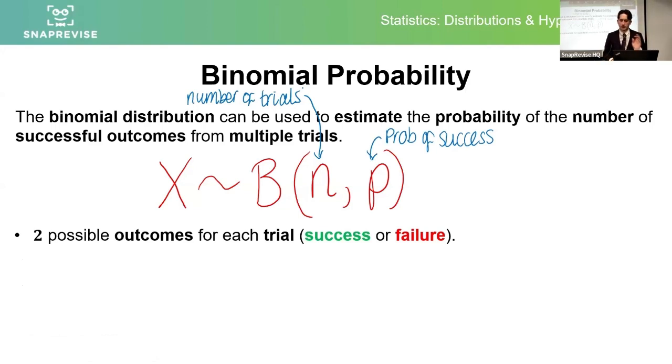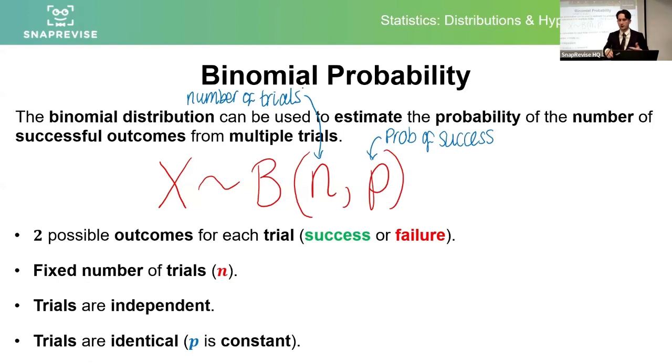Another question they love to ask is about the conditions under which the binomial distribution is appropriate. These are the 4 conditions that we want to be really confident with. First of all, it's called the binomial, referring to 2: there are 2 possible outcomes, success or failure. There has to be a fixed number of trials, so N doesn't change. The trials need to be independent, so every time it's a new go, same situation again.